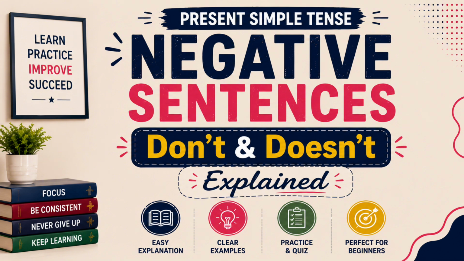So, in episode 2, we learned that when the subject is he, she, or it, the main verb usually changes. For example, he plays football, she reads books, it works well. We also learned how to add s, es, or ies to verbs.